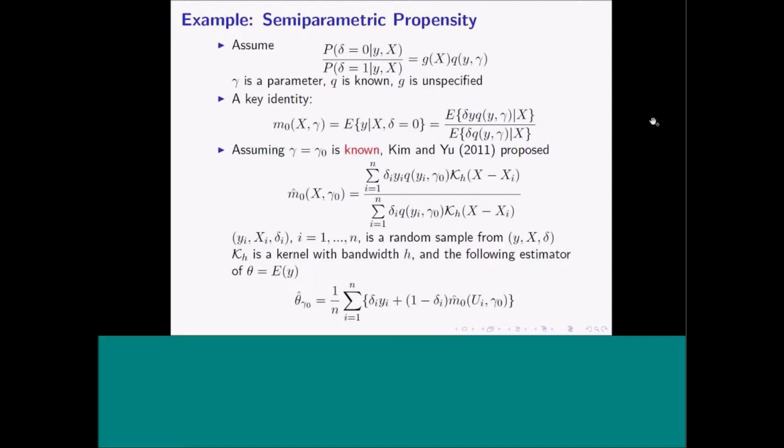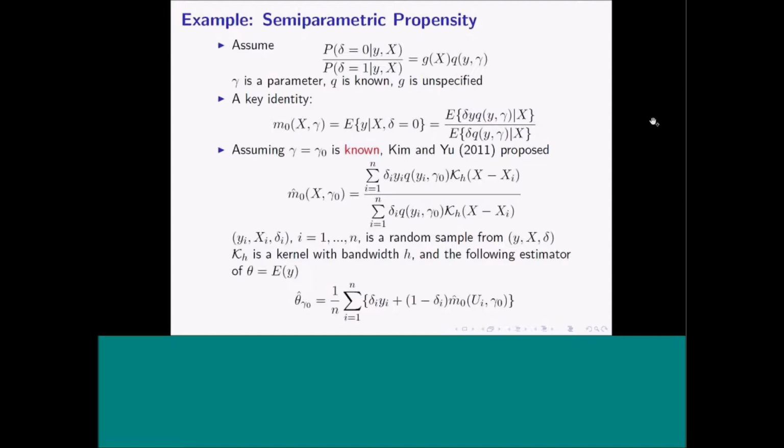This first line says that the odds is equal to a product of a function of X and then a function of Y. Here, the function of Y has to be parametric, so there's a gamma there. So this q(y, gamma) is a known function if gamma is known. So that part is parametric. For the covariate part, g(x), it is totally unspecified, so g is non-parametric.